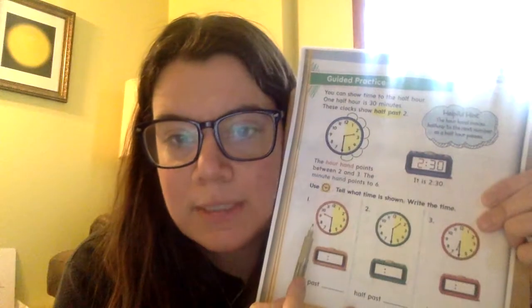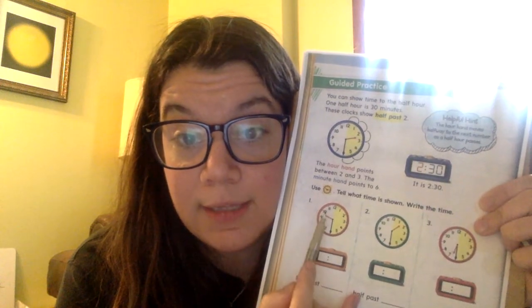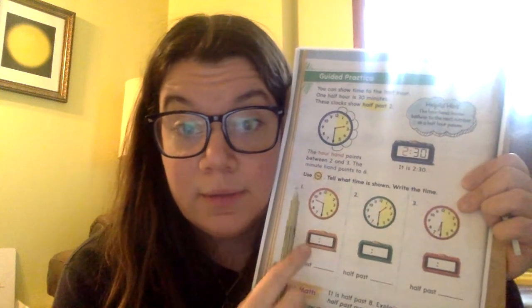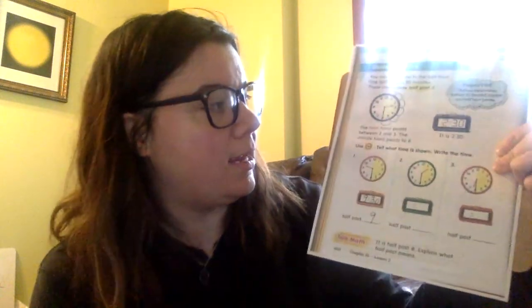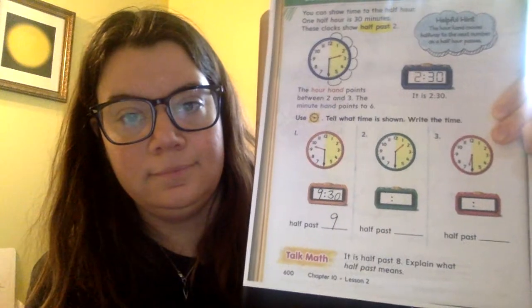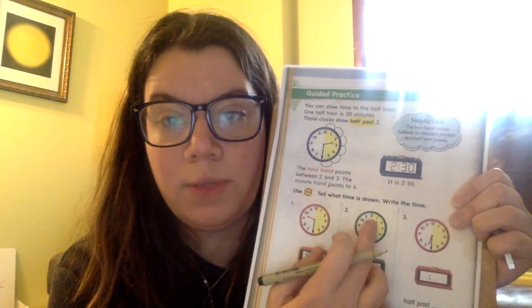So number 1 here, we see our hour hand is pointing in between the 9 and the 10. Our minute hand is pointing to the 6. So that is telling us it is 9:30. So we write that 9:30. Okay? Number 2. We see our hour hand pointing in between the 1 and the 2.